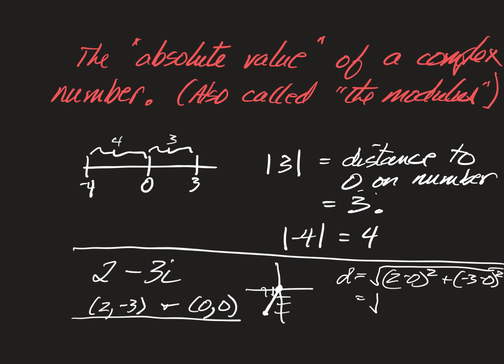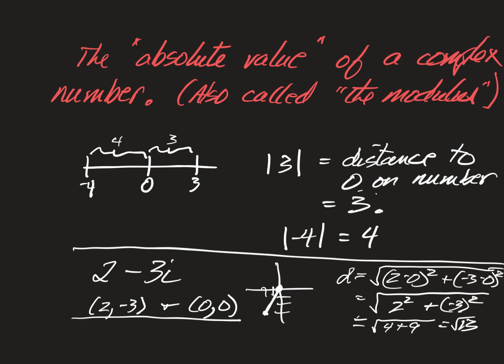Which means it's really just the square root of the sum of the squares of the coordinates of the complex number, which in this case is 4 plus 9, or the square root of 13.